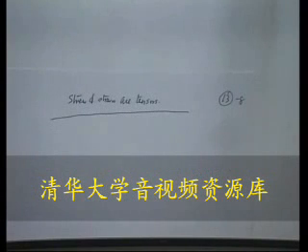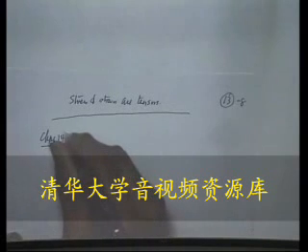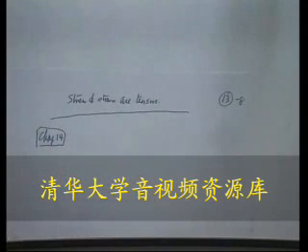Okay, now we are going to leave chapter 13 and go to chapter 14. Chapter 14 talks about gravity.